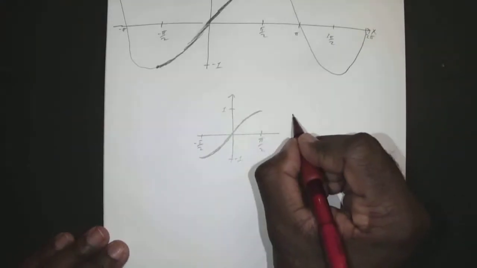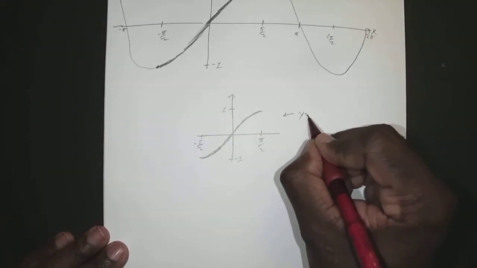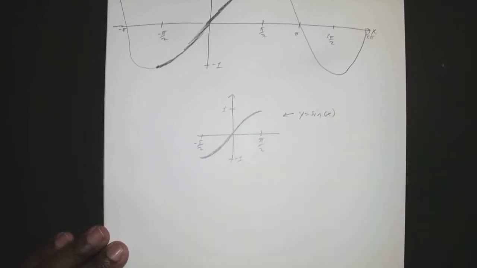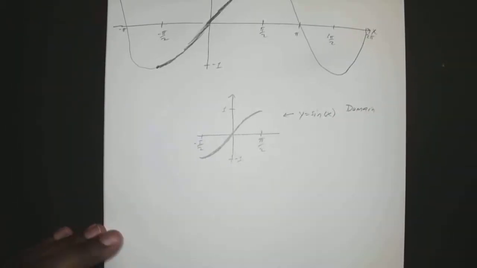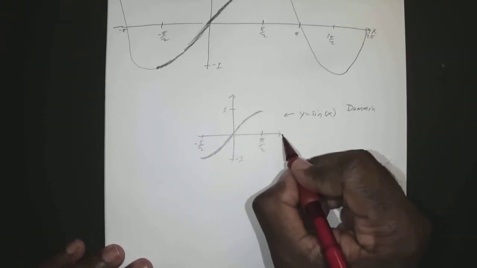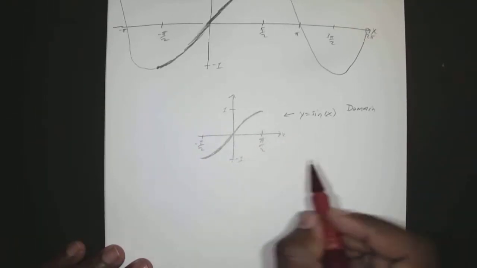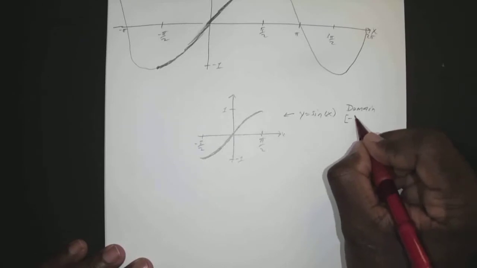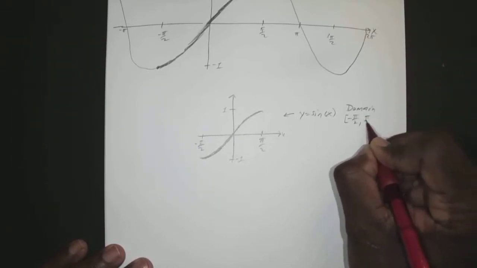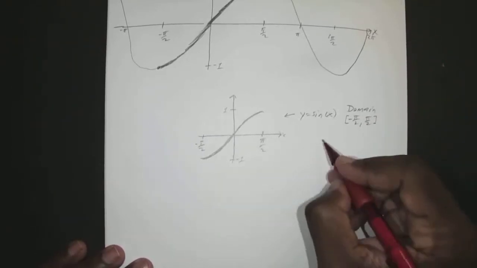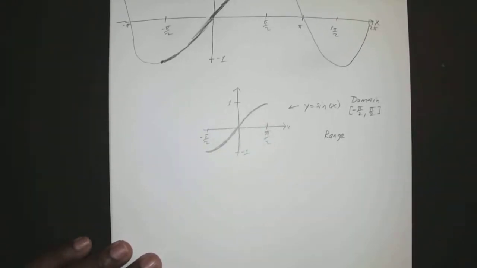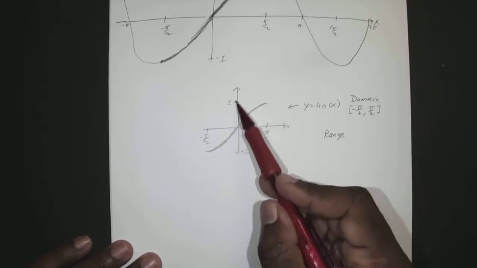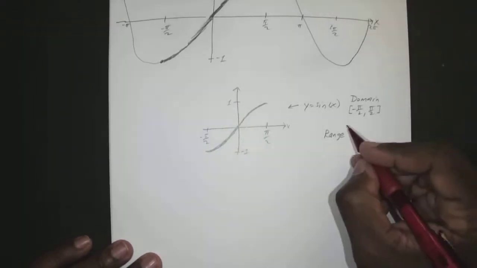Okay, so really this is our y equals sine of x, where your domain, which is just all possible x values, is from negative pi over 2 to pi over 2. And your range, which is just all possible y values, can only go between negative 1 and 1.